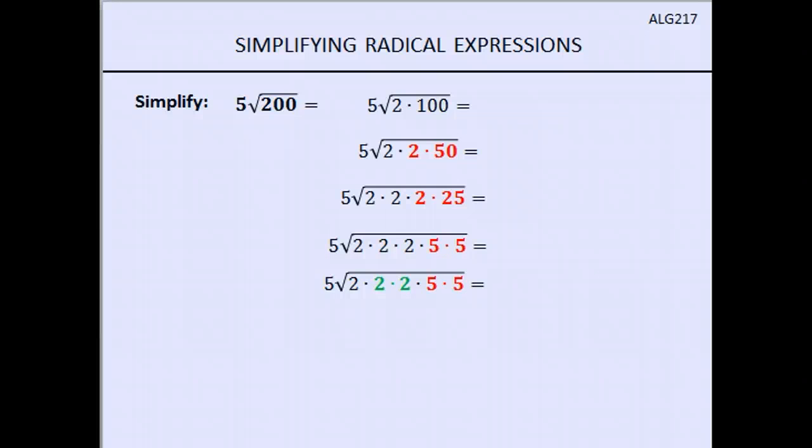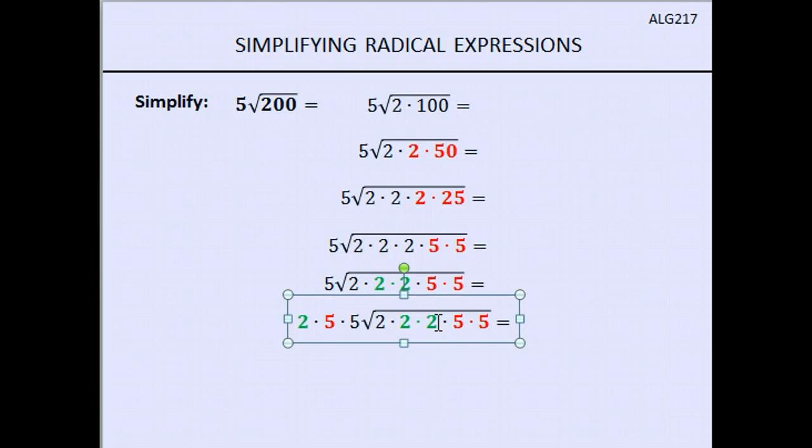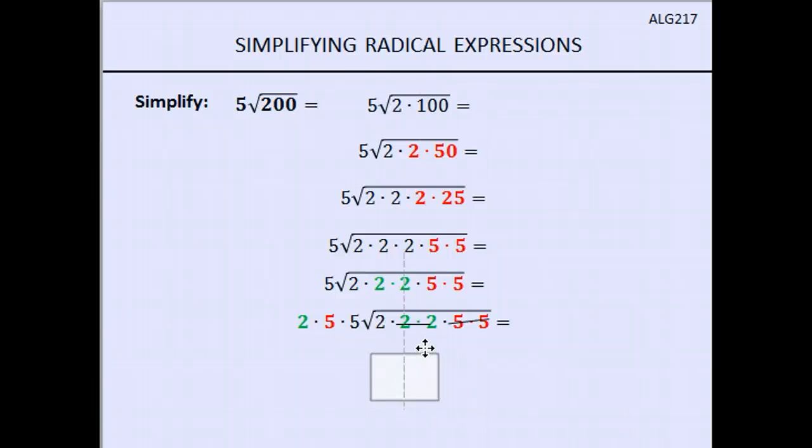That means that we can pull out a 2, and these go away, and we can pull out a 5, and these go away. So what's left under the radical is a 2, and what's outside is our original 5 and our new 5 and a 2. So 2 times 5 times 5 happens to be 50 times the square root of 2 is our answer.